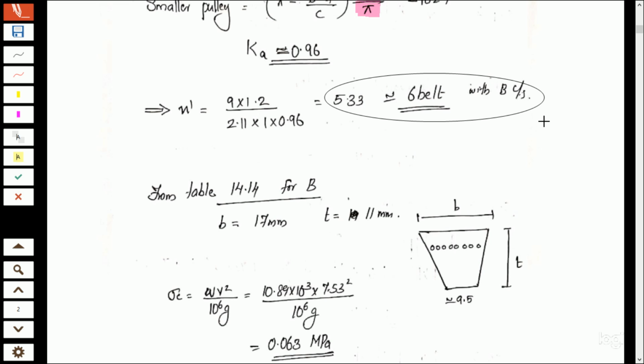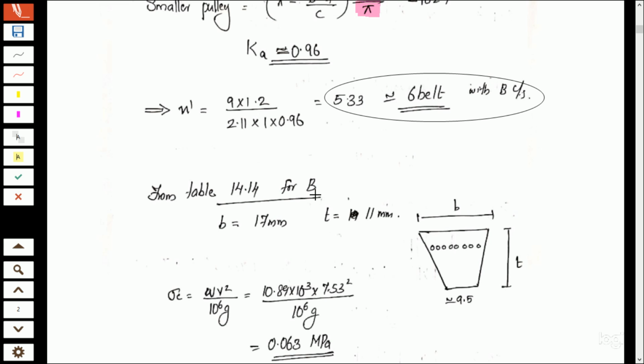Logically, that is the correct way of selection. So the total number of belts required to transmit this much power is 6. In the design procedure, I have told you that you can wind up your design here, but still you can go beyond this to find out the cross section.